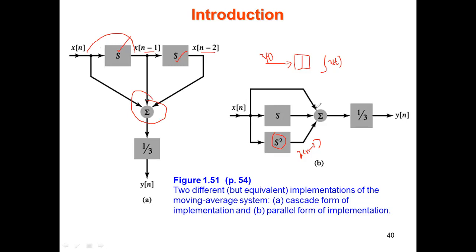If I put a plus mark here, and for the third one I put a minus mark, this means x of n plus x of n minus 1 minus x of n minus 2.